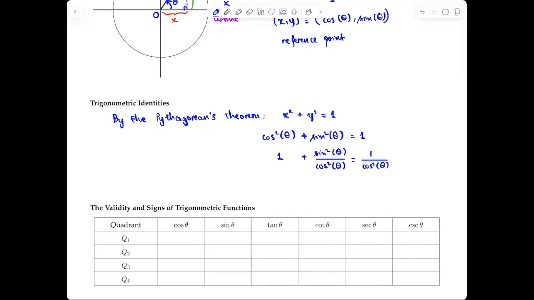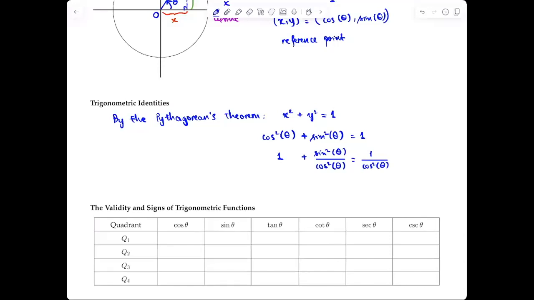Remember from yesterday. Tangent of theta. So instead of sine squared over cosine squared, you can rewrite this as tangent squared of theta. Now, 1 over cosine of theta, what is that equal to? Secant, right? So instead of 1 over cosine squared, I can rewrite this as secant squared of theta. So that's going to be another identity from the equation of the unit circle.